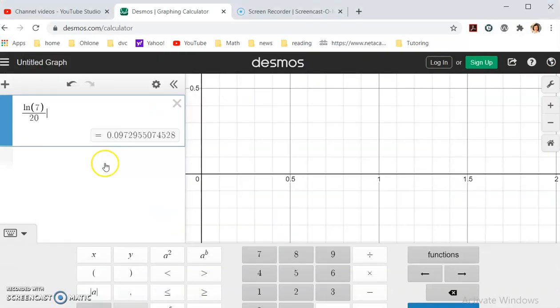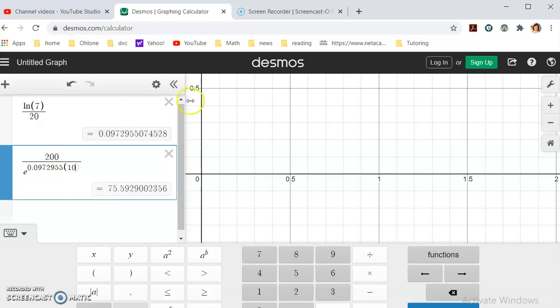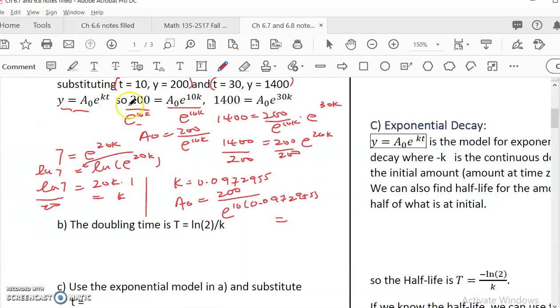That would equal 200 divided by e to the power 0.0972955, the one that is on the top, times 10. So 75.6. Now for bacteria number, you can round it to 76, but this rounding seems like too much.